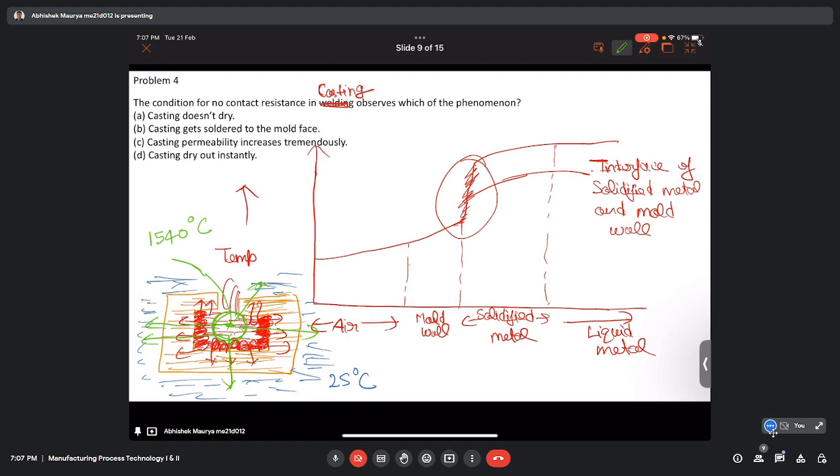Or we can say, if we have a temperature difference similar to a potential difference, then heat flux will take place from high temperature to low temperature. Here high temperature is the molten metal, low temperature is the air. And when heat flux moves, it will face some resistance in between.